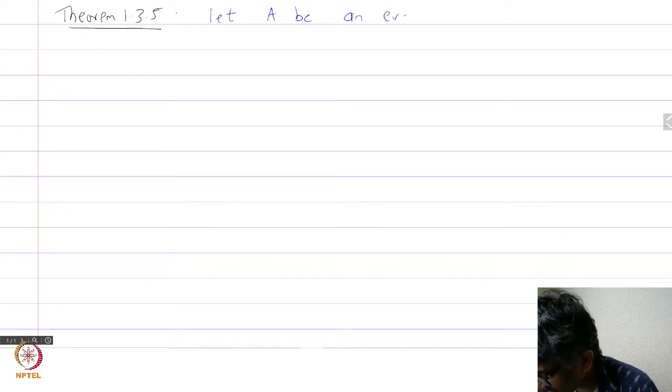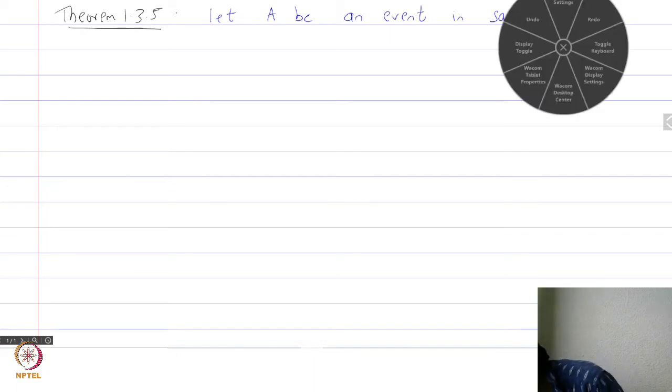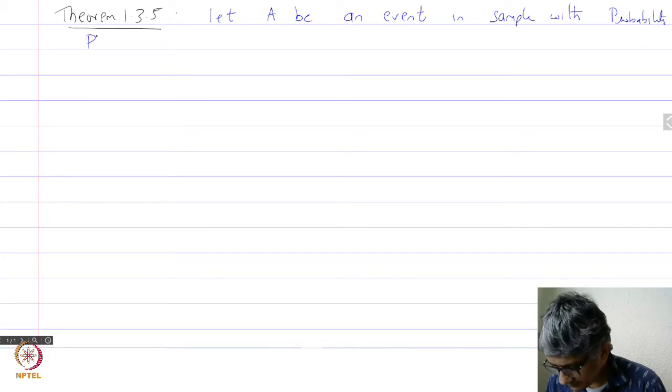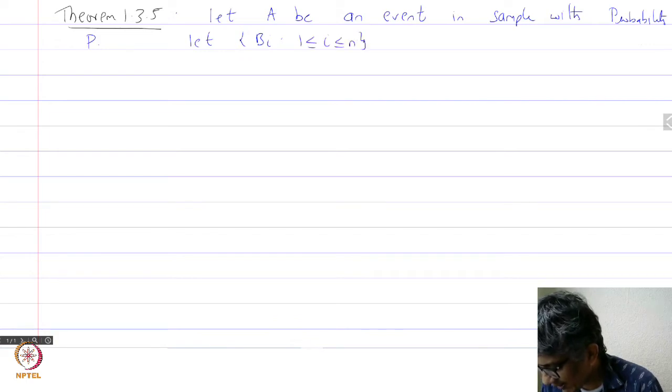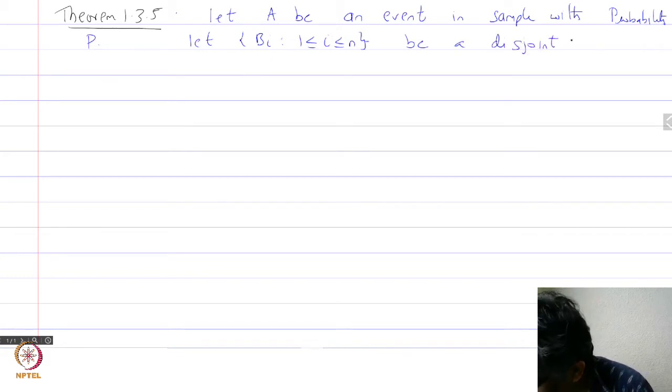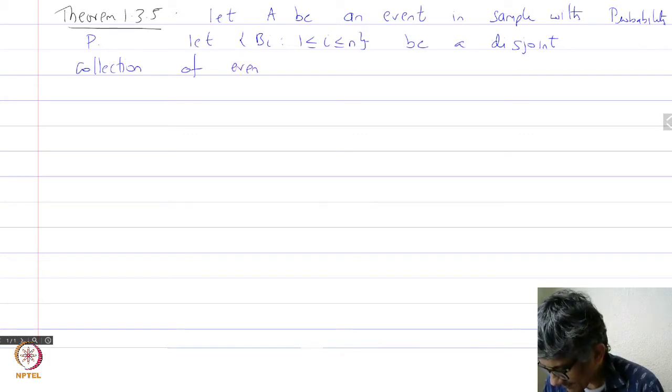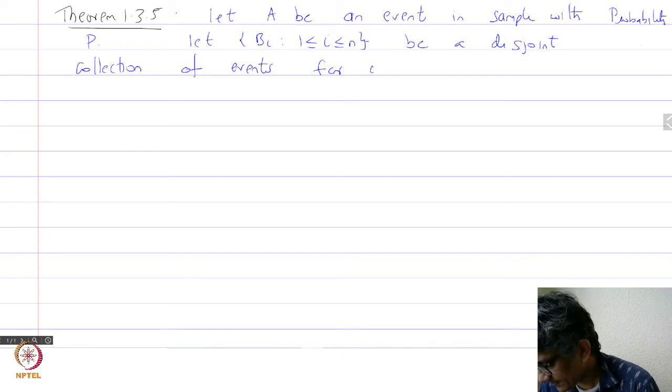Think of A as the event of interest in sample space S, with probability P. And then you let B sub i, 1 less than or equal to i less than or equal to n, be a disjoint collection of events for which the probability of B sub i is positive for all i.